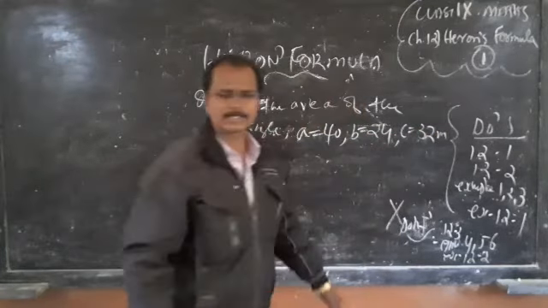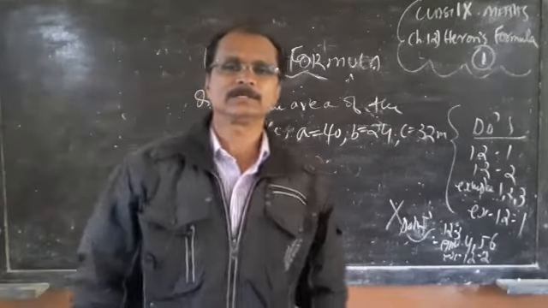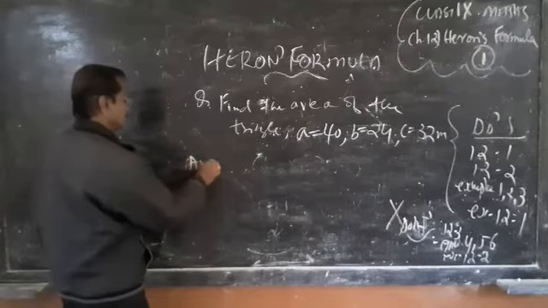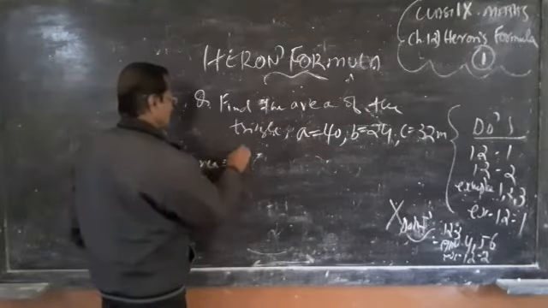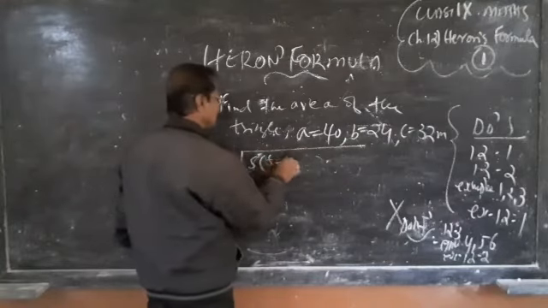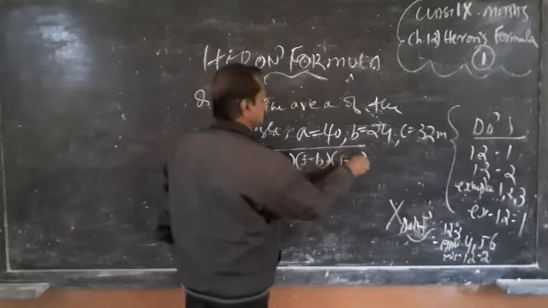So how do we find the area of this triangle? What is the formula? Area equals root of s into s minus a into s minus b into s minus c.